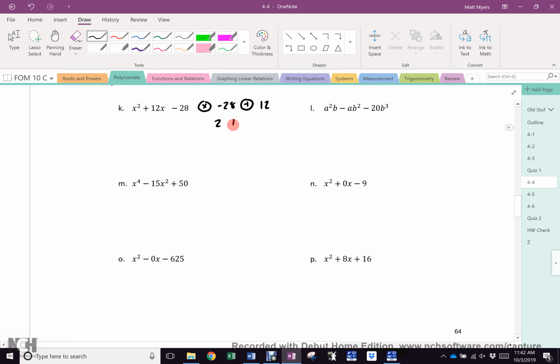How do 2 and 14 get me to 12? Well, 14 minus 2. So, of course, it is x minus 2 and x plus 14. But, of course, there's a y there. So you say to yourself, self, if I were to FOIL this out, how would I make 2 times 14 give me 28y squared? Well, I would just put a y there. And now I would be done.